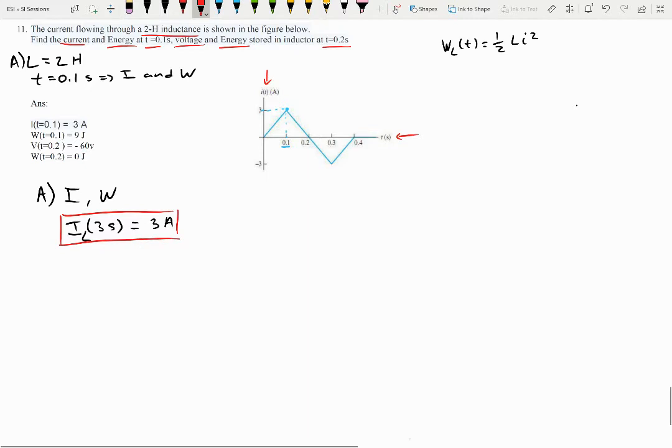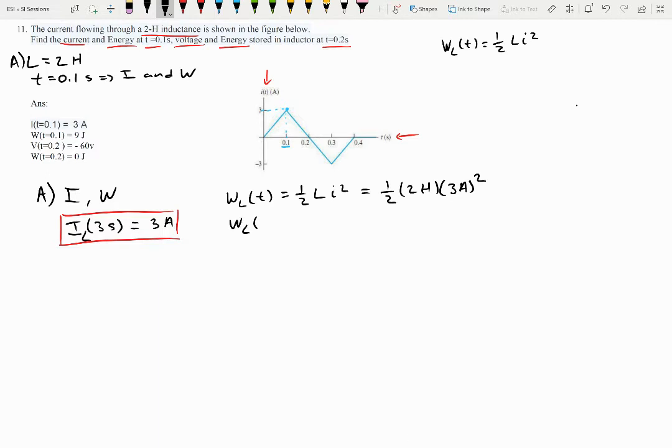Easy enough. Then all we have to do is find our energy. We'll just plug into this equation, 1/2 Li squared, where L is 2 henries, and I will be 3 amps, squared.